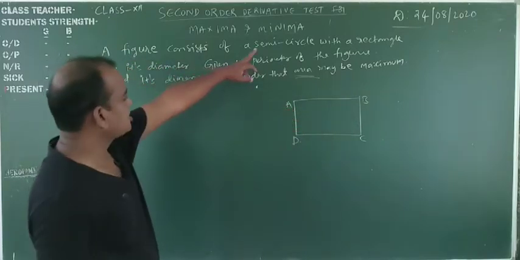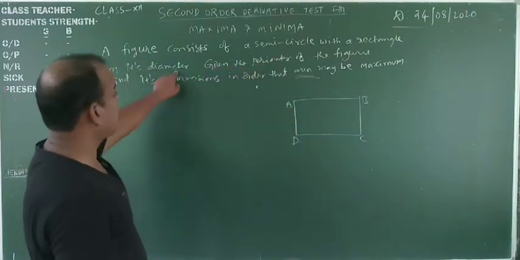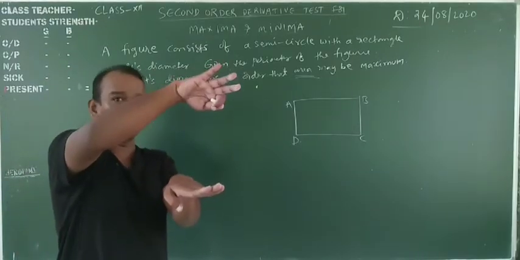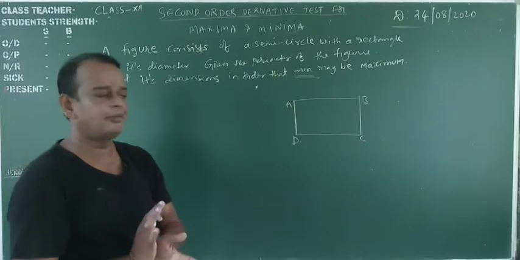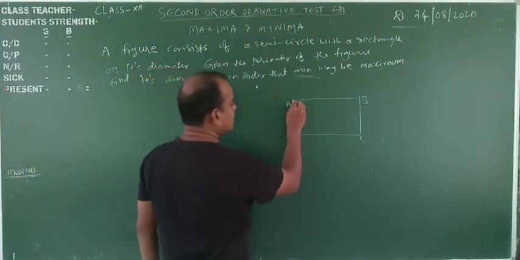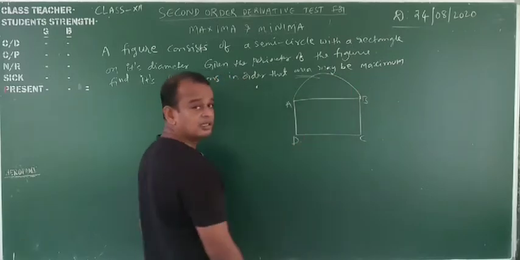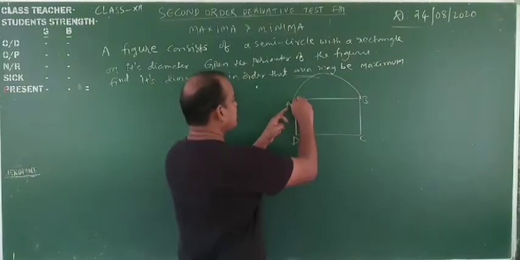A figure consists of the semicircle with a rectangle on its diameter. One side must be the diameter. For suppose, this is a semicircle, AB is the diameter.